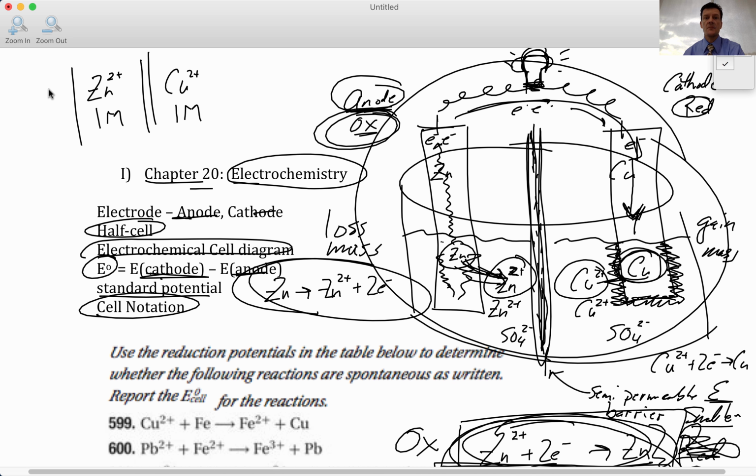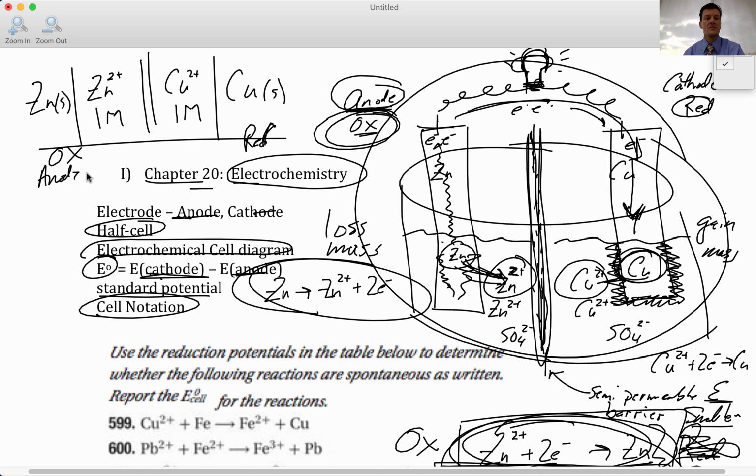And then the metal electrode, we would be telling ourselves what metal electrode is being used, and maybe put a little S there to show it's a solid. Okay? That tells you everything you need to know. On the left, this is always oxidation. This is always reduction. This is your anode. This is your cathode. And there you go. Okay?